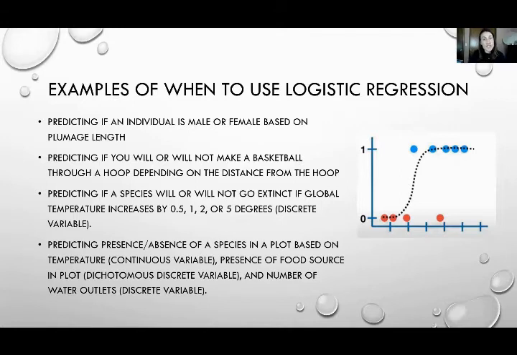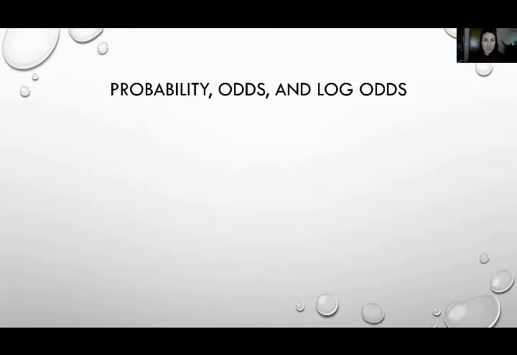And you're going to need to know that for your final, that you can have a continuous predictor variable, you can have a discrete predictor variable, and you can have a combination of the two. And then your response variable always has to be binary when you're using a logistic regression.